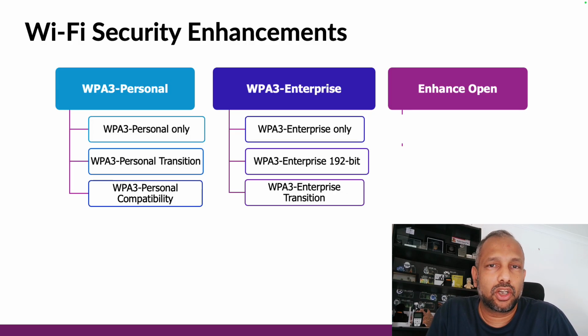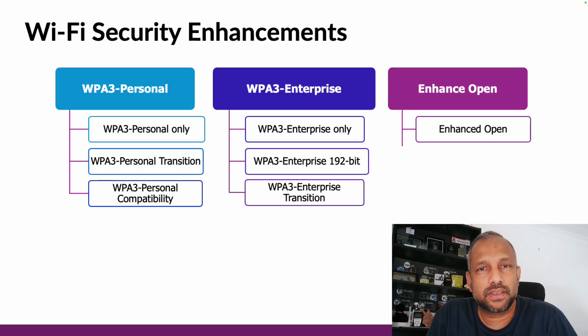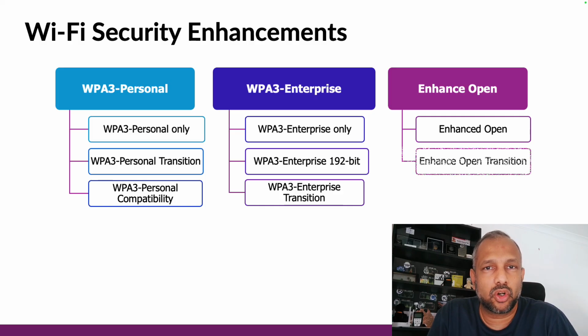Now, for your guest network, they had something called Open SSID for a very long period of time. Then the Wi-Fi Alliance introduced a security program called Enhanced Open, in 2018, to secure your guest SSIDs, simply providing encryption without any authentication.